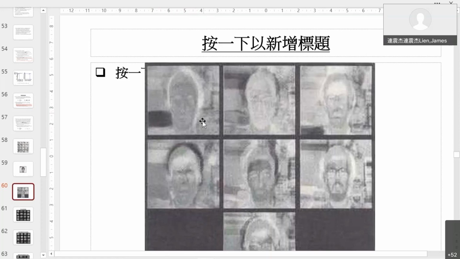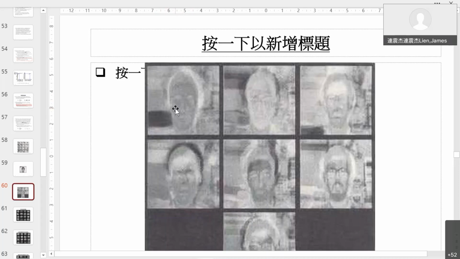If you look at the eigenface, in the first one you find the important feature is the eyes. In the eigenvector, the component here has a higher value.